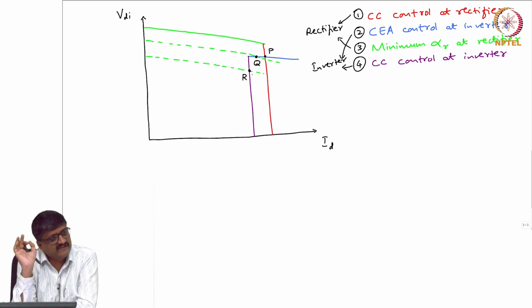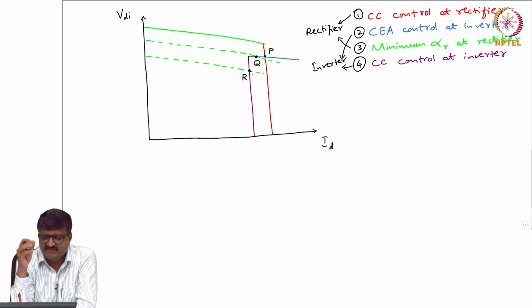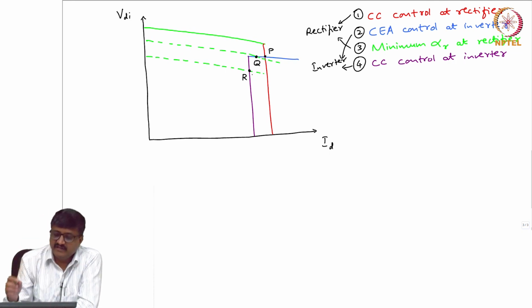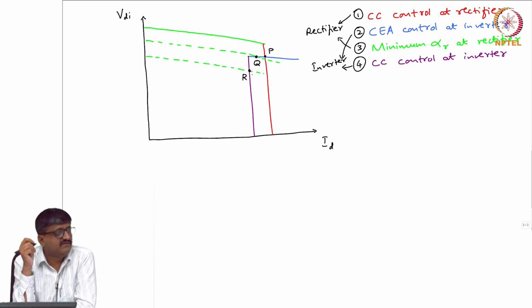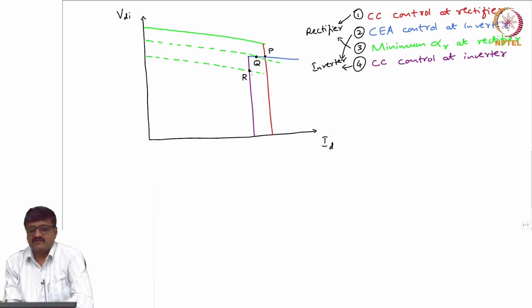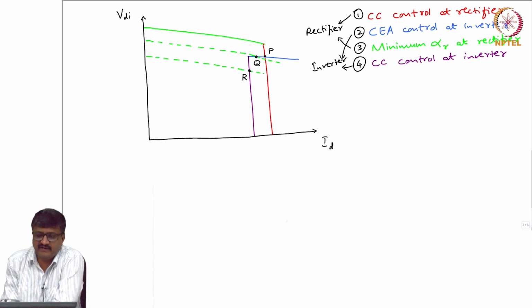Then, if there is further reduction in the voltage, the green curve goes further down, then R is the point of operation, which is the point of intersection of minimum alpha R and constant current of the inverter.